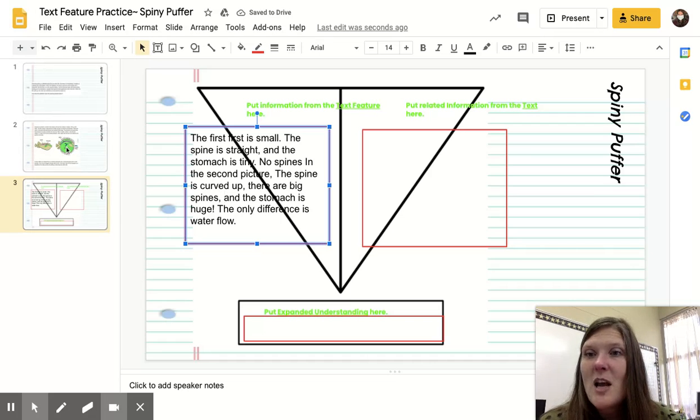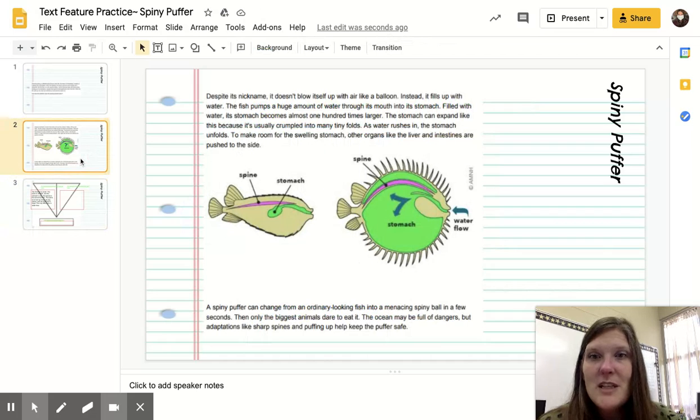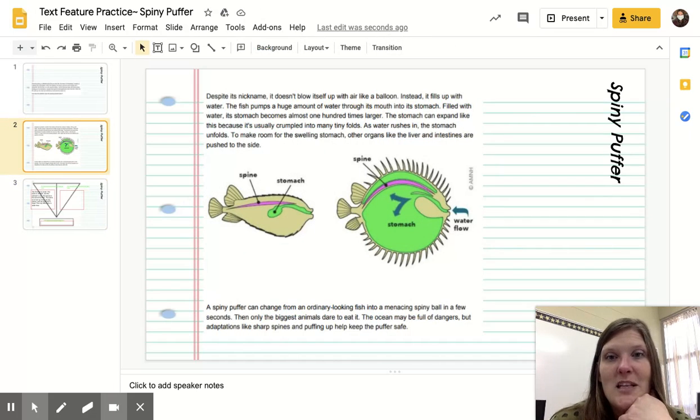Okay, so I'm going to go back up here and finish reading this passage. Despite its nickname, it doesn't blow itself up like an air balloon. Instead, it fills up with water. The fish pumps a huge amount of water through its mouth to its stomach. Filled with water, the stomach becomes almost 100 times larger. The stomach can expand like this because it's usually crumpled into many tiny folds. As the water rushes in, the stomach unfolds to make room for the swelling.